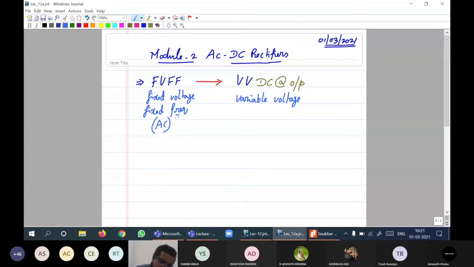Now, if you want variable voltage, this is the key. You must use controllable devices.